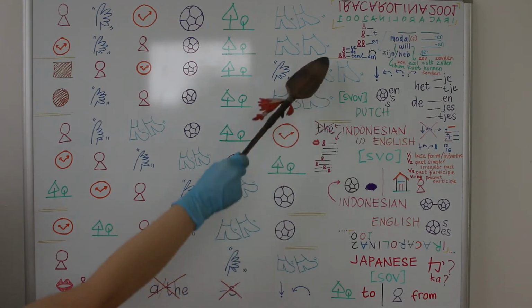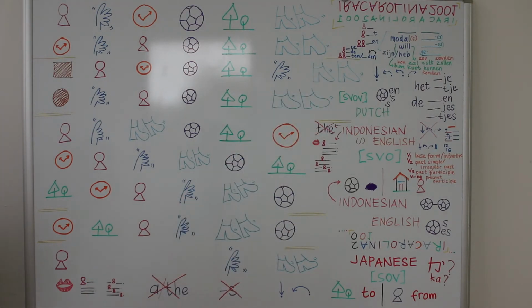And this one is the past simple or irregular past. In English, irregular past or past simple, it just has one verb or one word for any kind of subject.